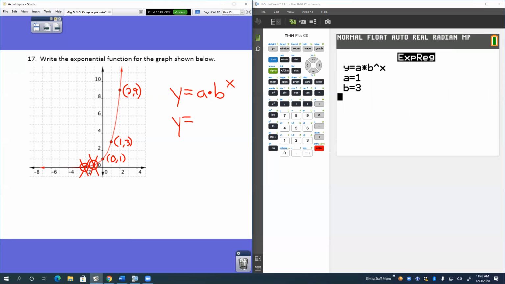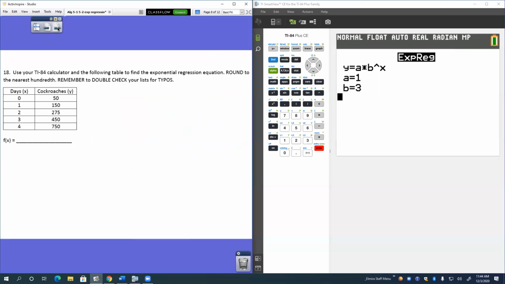So we have Y equals 1 times 3 to the X power. That would be our exponential function. If this was a multiple choice question on the Regents exam, you might not see that 1 there. They might just write Y equals 3 to the X, because multiplying something by 1 doesn't change its value at all. Take a look at the next question.